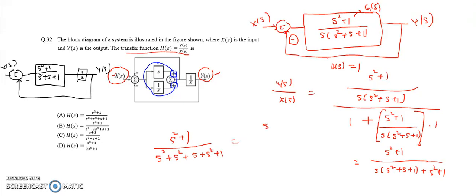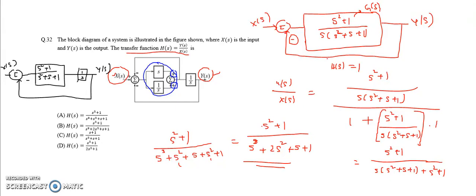That is equal to (s square plus 1) all divided by s cube plus, here two s squares are there, so I will get 2s square plus s plus 1. So finally it is a simplified transfer function, that is Y of s by X of s.